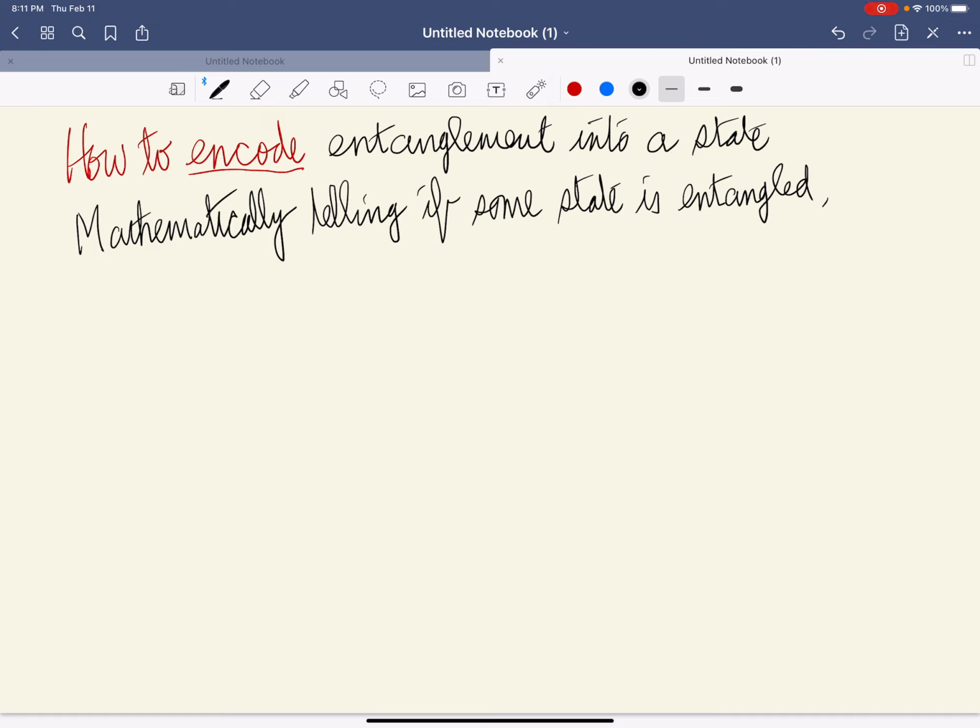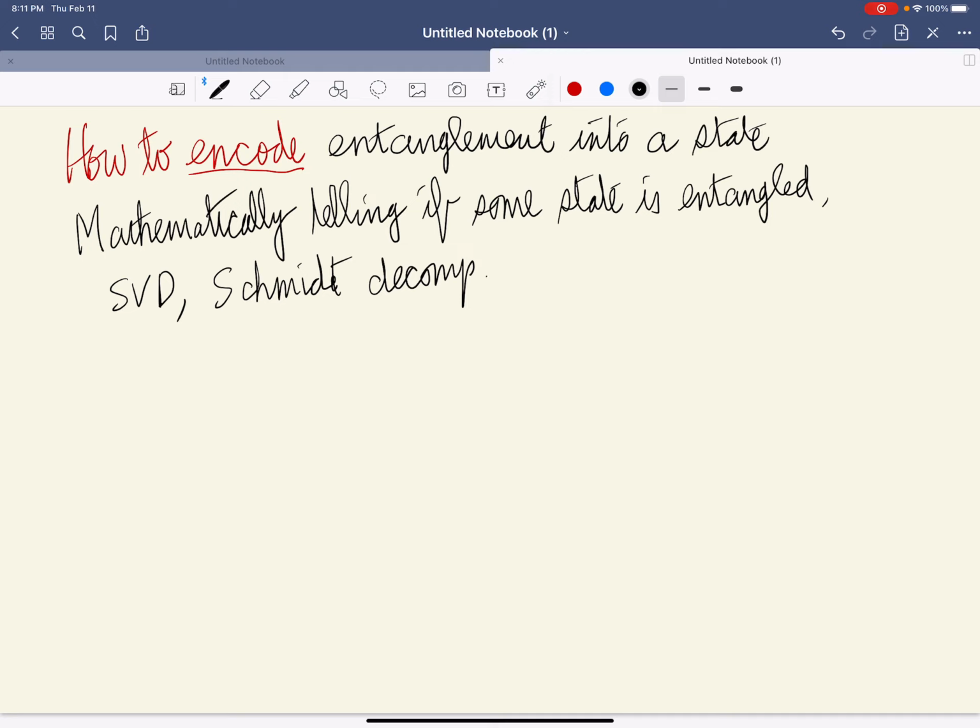And the mathematical technique is known as the singular value decomposition or the Schmidt decomposition. These names are used interchangeably in the literature.